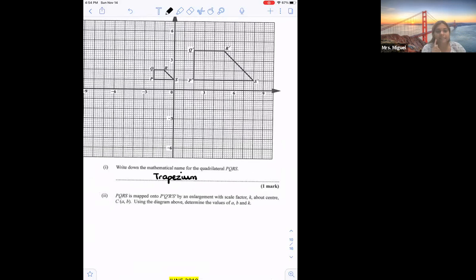To get the scale factor, and this will help you in the multiple choice, the scale factor is equal to the length of P prime S prime over the length of PS. This is 1, 2, 3, 4, 5, 6 units. This is 1, 2. So it means that 2 could go into 6 3 times.